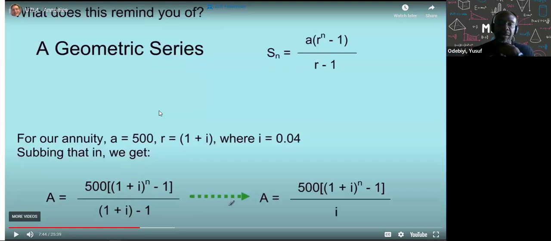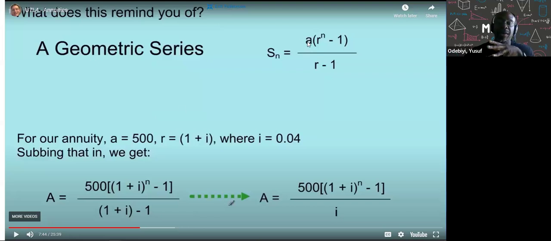So that's what he's doing, subbing these things into here. If you remember yesterday, A was the first term, when we're doing geometric series and arithmetic series. Our first term is 500.